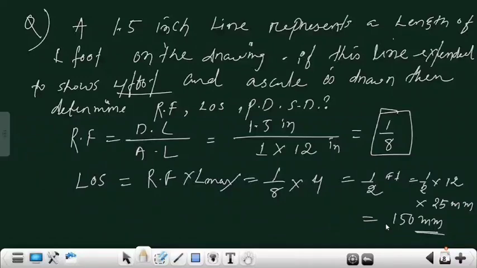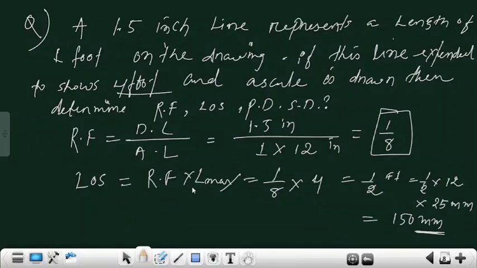And a very important thing: the unit of the length of scale will always be mm if it is not given. Length of scale formula is RF into L max, and its unit will be mm if it is not given in the question.